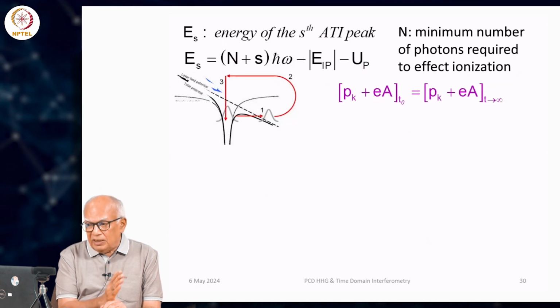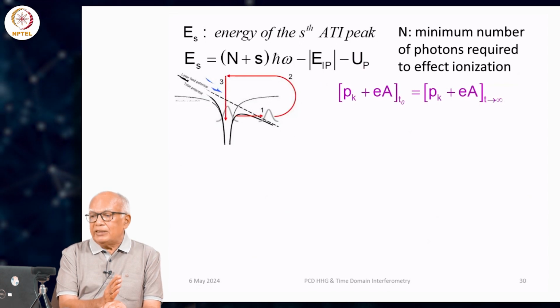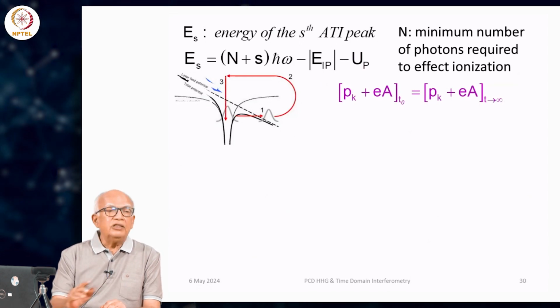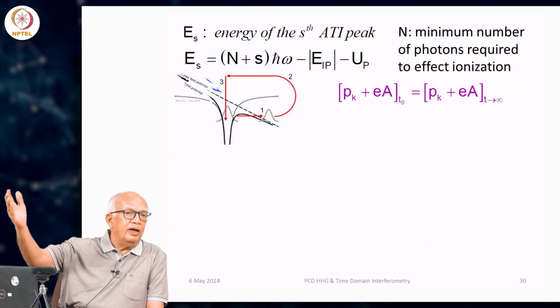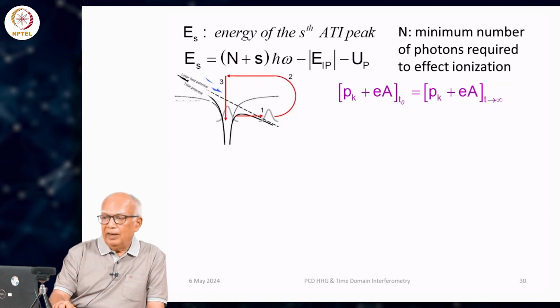Because this is conserved, the canonical momentum at time t0 must be equal to that at any other time. It is going to be the same at all times.